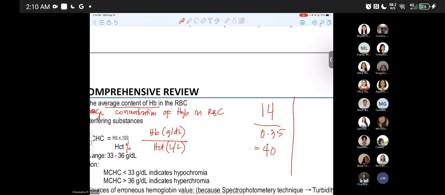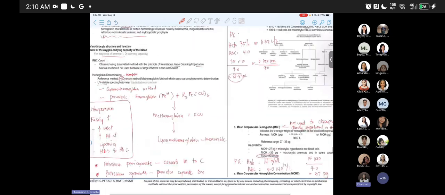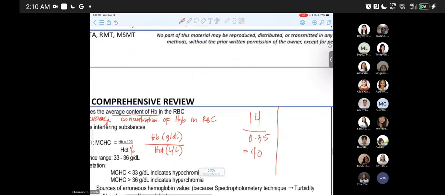We don't use the decimal, just the percent unit, so the hematocrit is 35. 14 times 100 divided by 35.